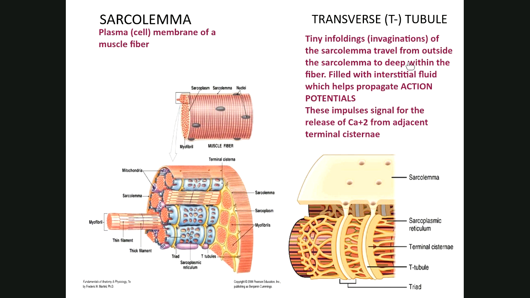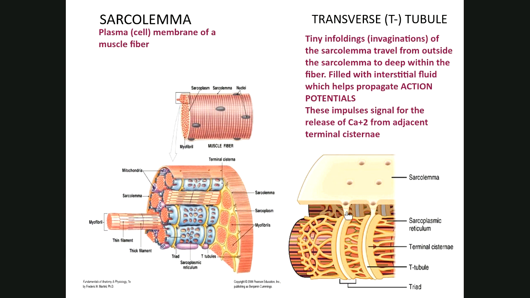So along the sarcolemma, the action potential stimulates the sarcolemma, and this impulse will go immediately throughout the myofibril and deep in the muscle cell via these transverse tubules. They're filled with interstitial fluid, and this helps propagate the action potential throughout the entire muscle cell quickly.